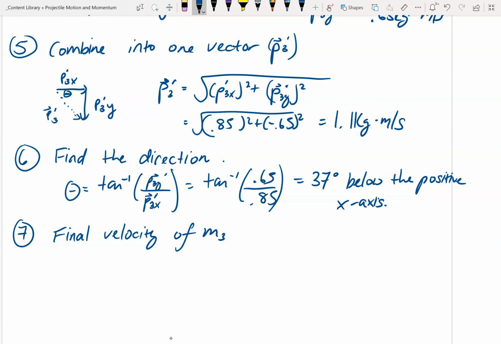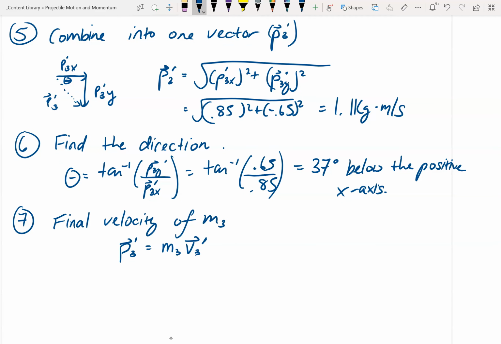So for our third mass, to find the velocity, if we already have the final momentum of our third mass, this is calculated as m3 times the velocity of that third object, its final velocity. We have P3 prime, we have m3, so I'm just going to rearrange this and solve for v3 prime, which is our final velocity for our third object.